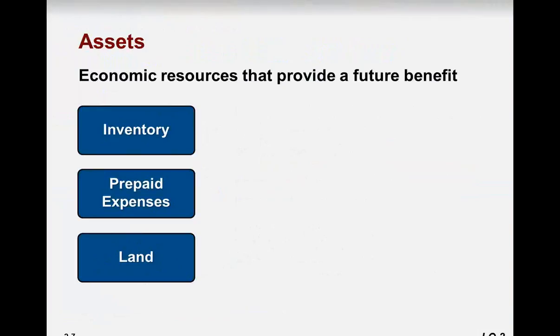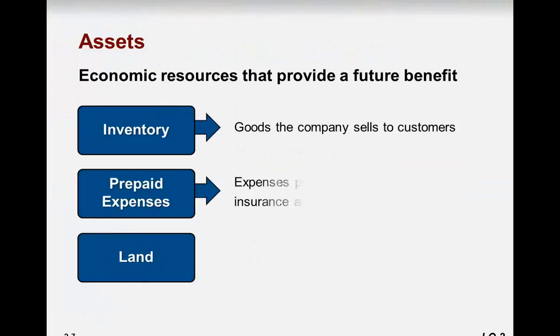Okay. We can have inventory, which, if I'm Walmart, is all the items I have in the store to resell to my customers. Prepaid expenses are items such as when I pay my insurance for 6 months and then expense it off a month at a time, or I might prepay my rent, something like that.